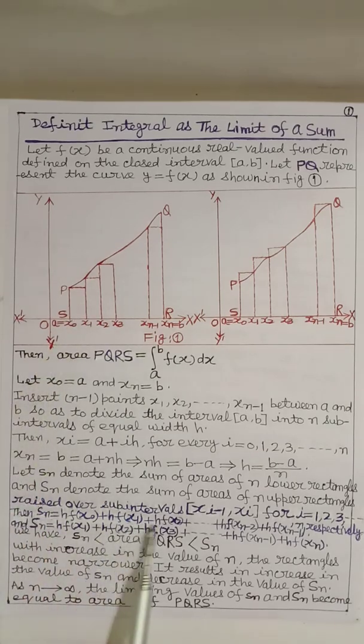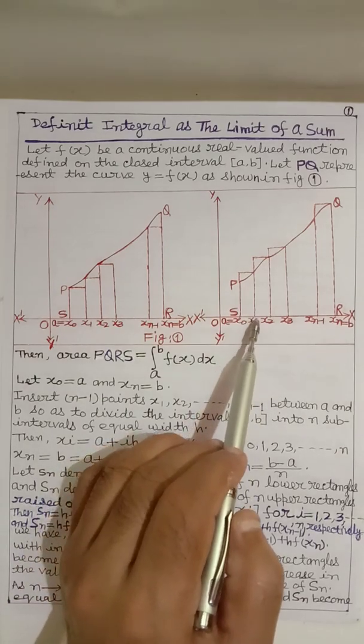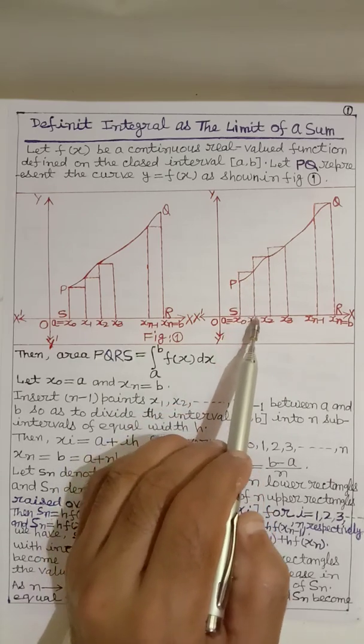So we have written it here. Similarly we can write up to plus h f(xn minus 1). Similarly here Sn equals h into f(x1). Here we take this point, this is the length and this is the width.